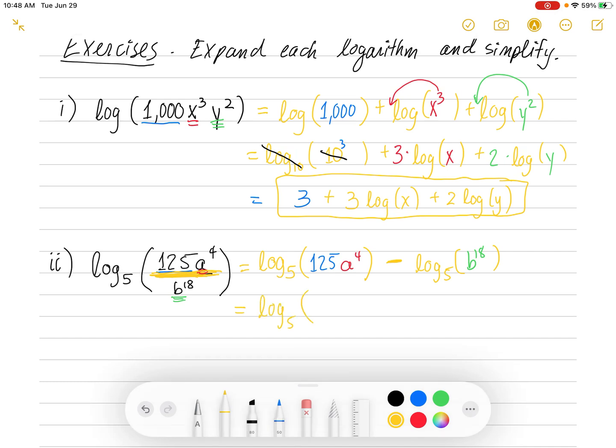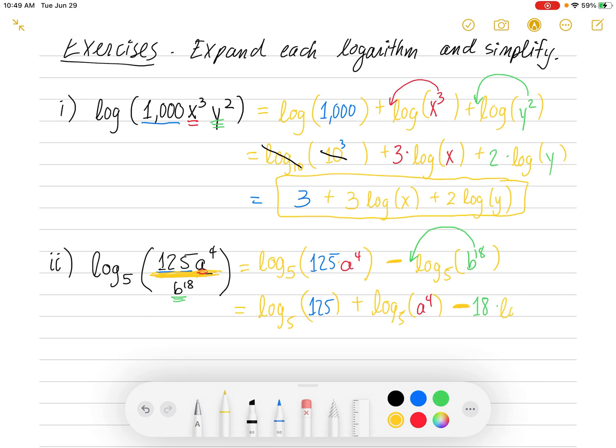Now what I can do, I can go to the first log, log base 5 of 125 times a to the 4th, and I can separate that. There's multiplication between 125 and a to the 4th. So I can do log base 5 of 125 plus log base 5 of a to the 4th.